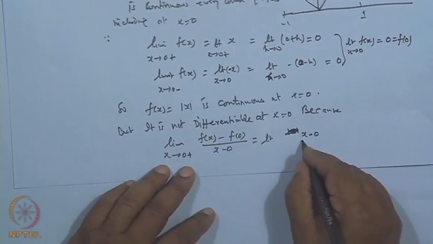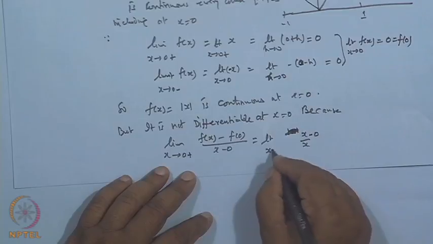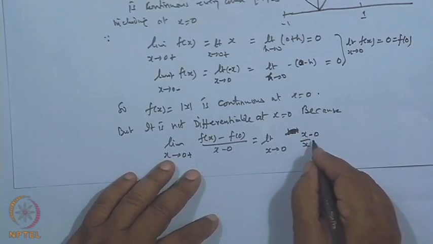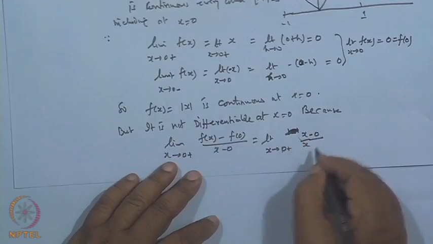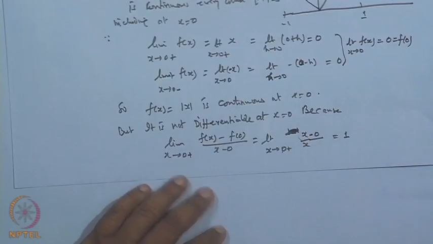When x is positive, mod x is simply x, so we get x divided by x, and the limit comes out to be 1.